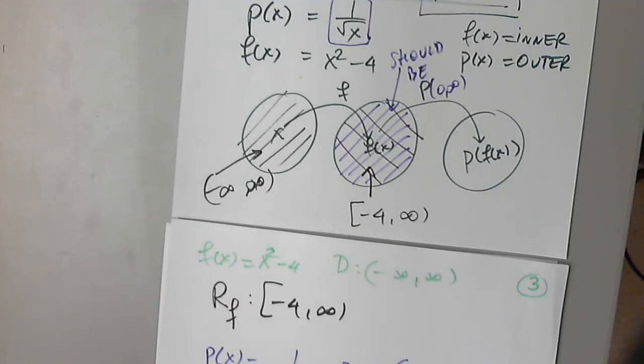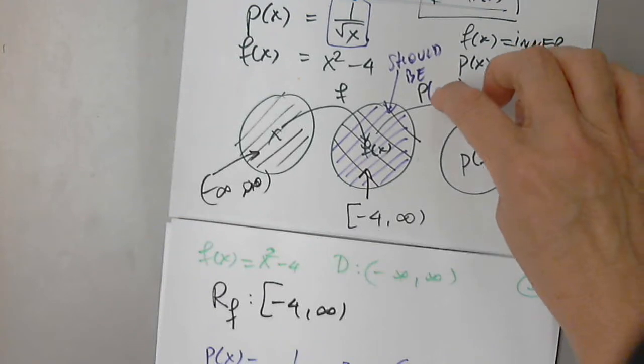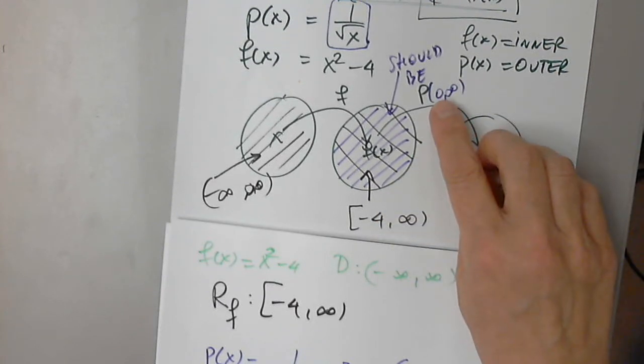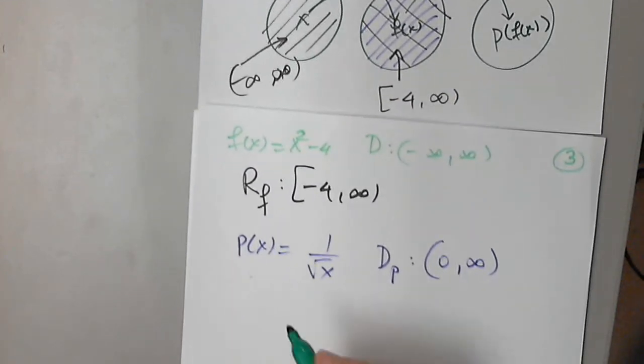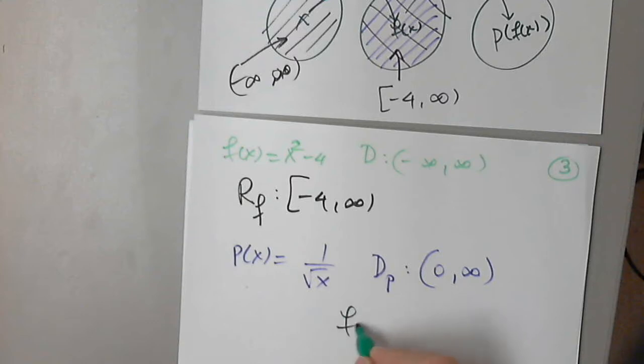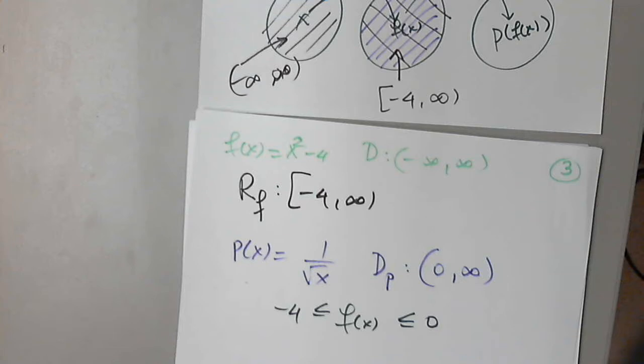What does this mean? It means that some numbers here bring here between negative 4 and 0. And that's a problem. Because for numbers between negative 4 and 0, p cannot be applied. P can be applied only from 0 to infinity, not for negative 4 to 0. So f of x between negative 4 and 0, I need to solve this inequality in order to find out which x numbers make f of x between negative 4 and 0.